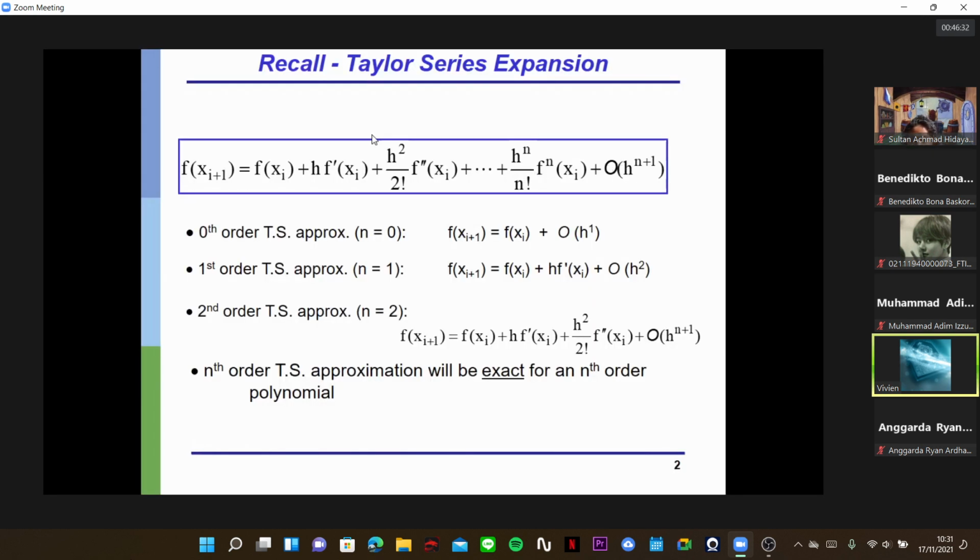Then we can do truncation for this. The order of the equation will depend on how many terms are included in the formula. If you use fewer terms, for example, we approximate f(x_{i+1}) as equal to f(x_i) directly, this means zeroth order approximation. If we use two terms, that is a linear line, so in this case we have the first order, and so on. It depends on the number of terms included in the calculation.